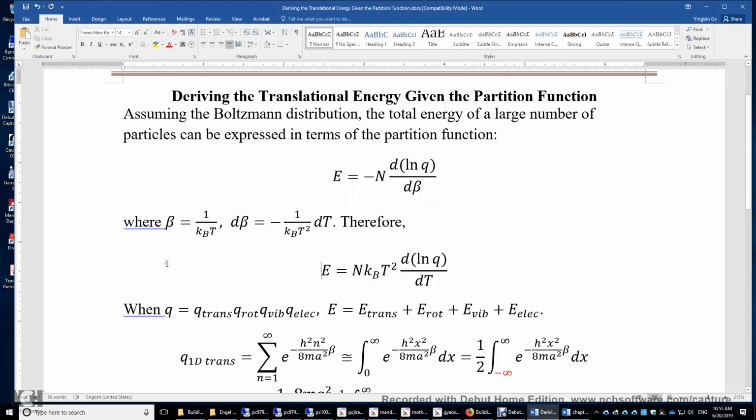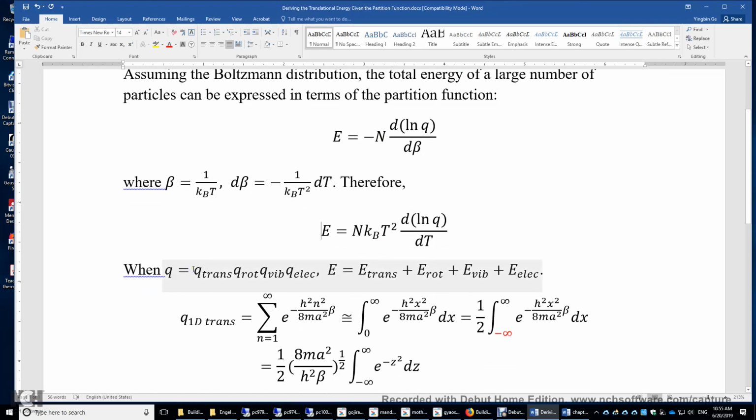The partition function for a chemical system can be the product of the translational partition function, the rotational partition function, the vibrational partition function, and the electronic partition function. Usually the first three refer to the motion of the nuclei, and the last one refers to the partition function of the energy levels of the electrons.